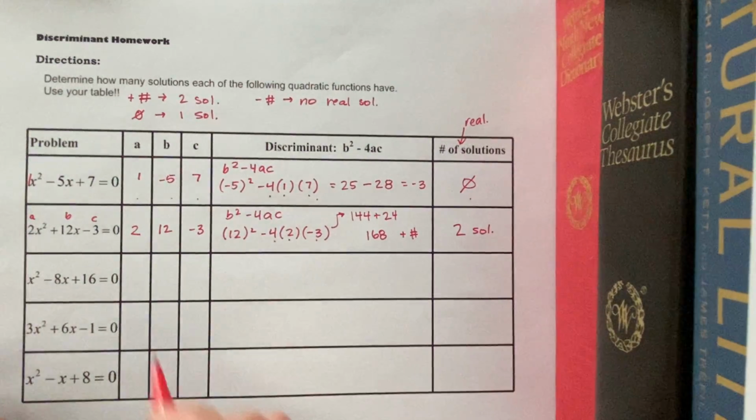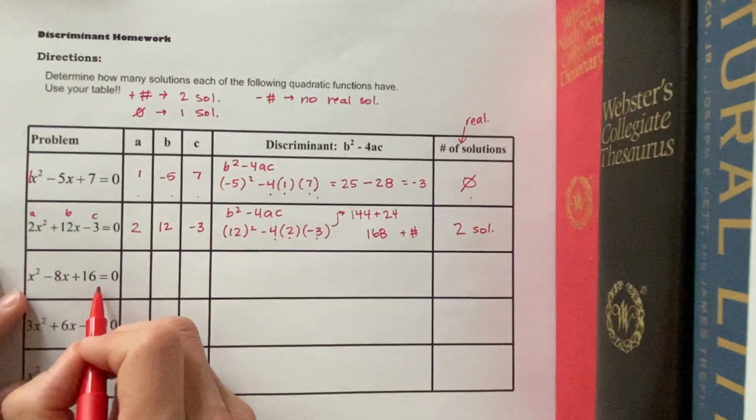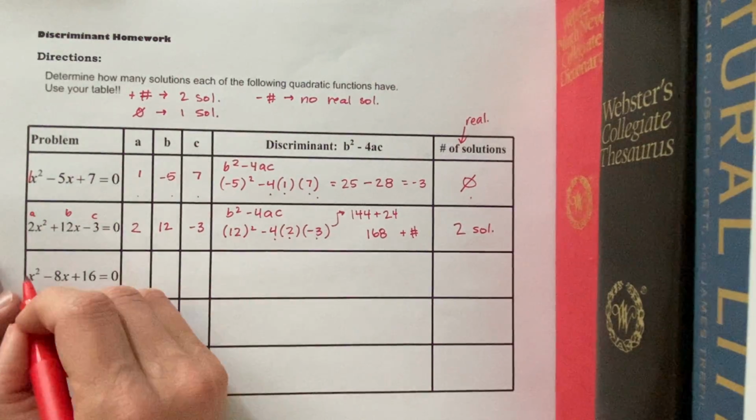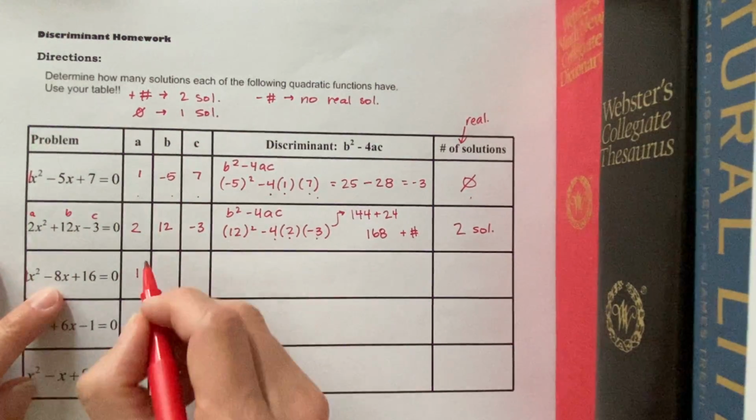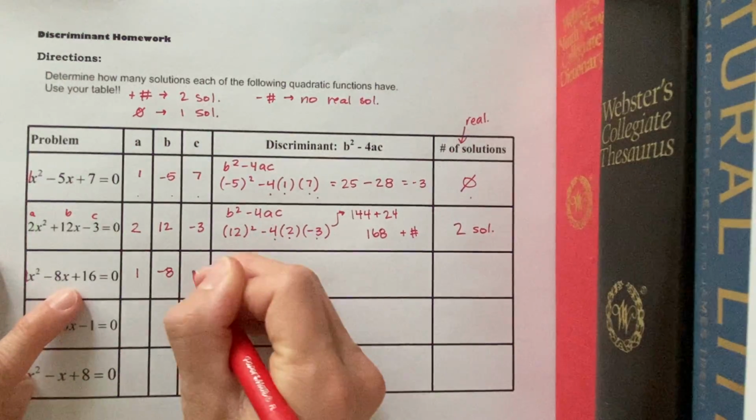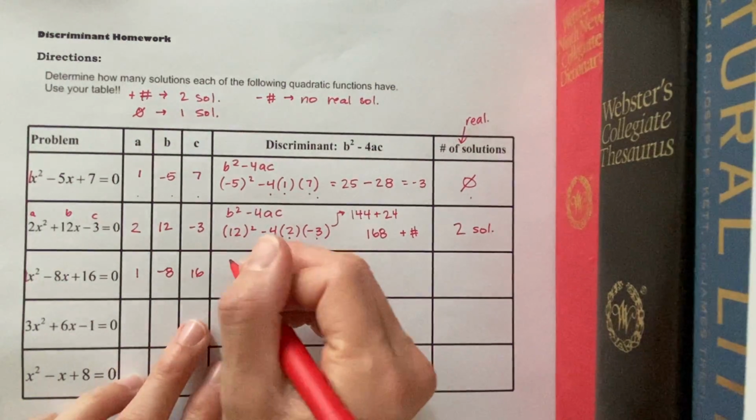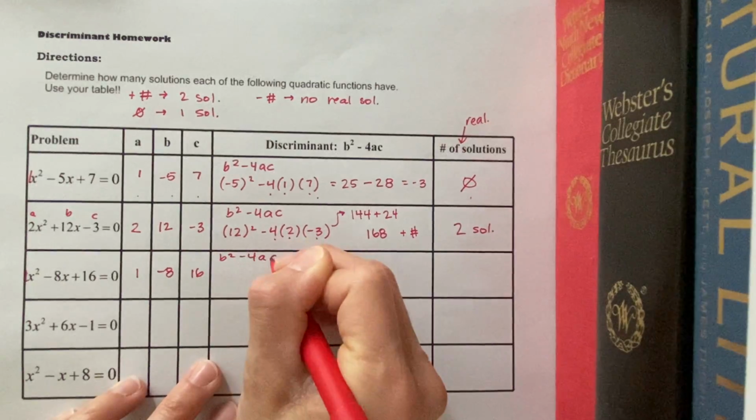All right. Now, x squared minus 8x plus 16 equals 0. A is 1. B is -8. C is 16. Again, B squared minus 4AC.